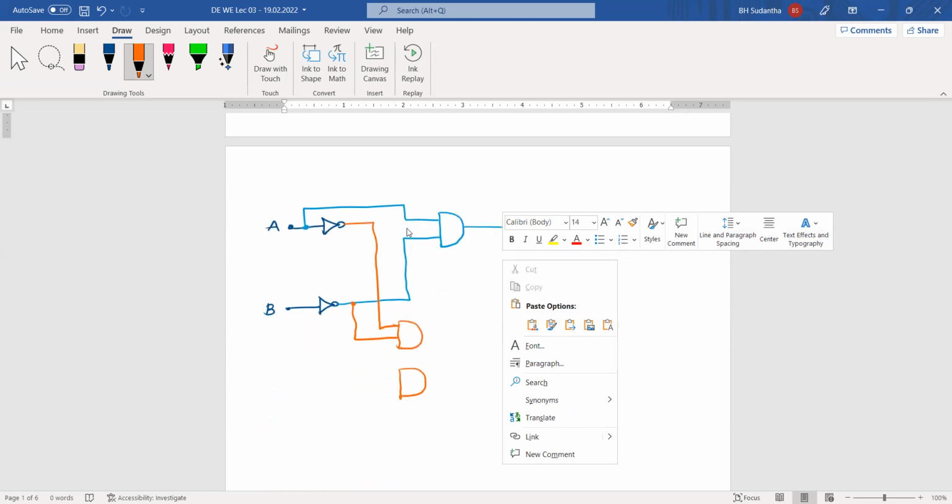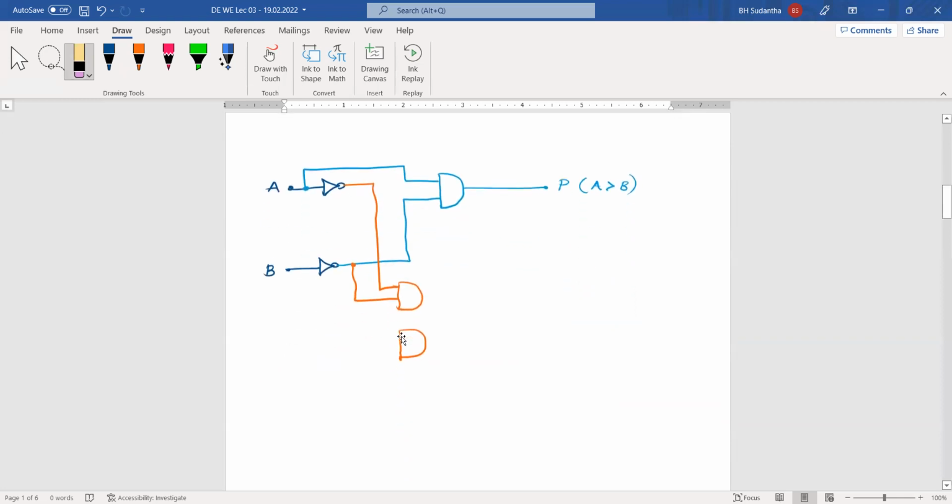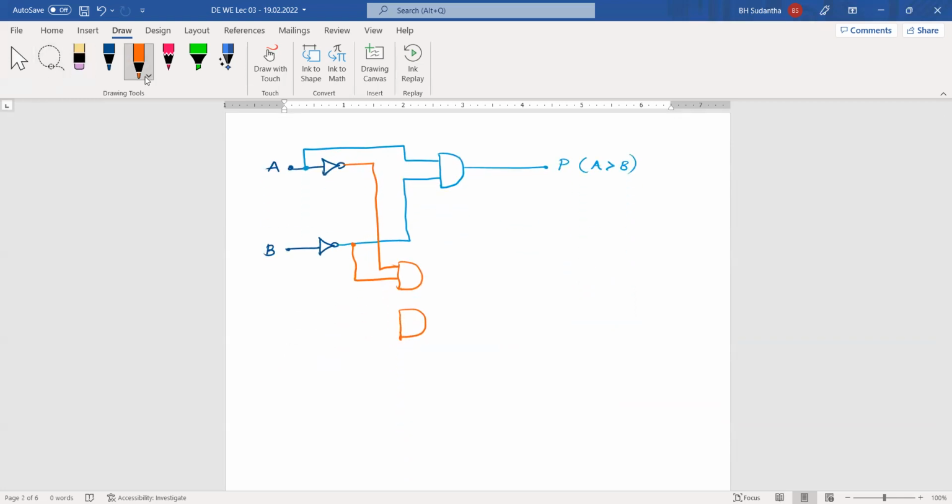Next one AB. This is A and B. We can combine these two using a 2-input OR gate.